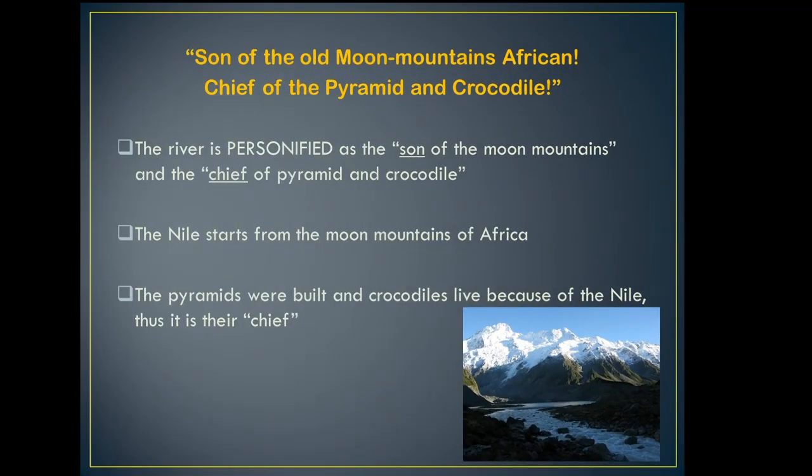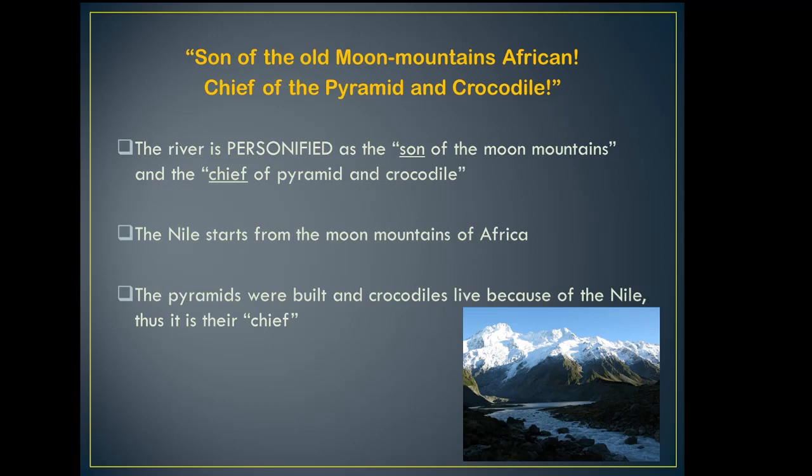First, we have our first 2 lines. Son of old moon mountains African, chief of pyramid and crocodile. Here the poet has personified the Nile as the son of the moon mountains and the chief of the pyramid and crocodile. The reason why the poet has personified this as the son of the mountains is because it starts from the mountains of Africa and flows down from them.